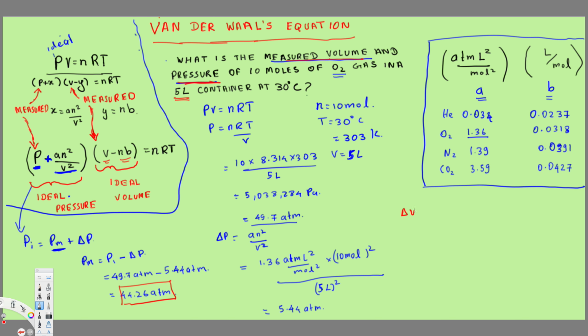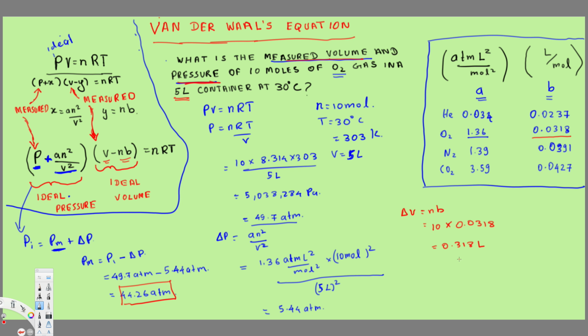So delta V, the volume change, is equal to nb, and we have the moles, that is 10 moles multiplied by b. We are dealing with oxygen, so this is the value we are going to apply. This value is 0.0318, and if you multiply this by 10, you will get 0.318 liter.